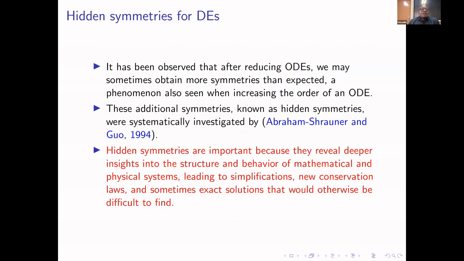Now, the hidden symmetry. It has been observed that after reducing an ODE, by reduction of an ODE I mean that you're decreasing the order, and reducing a PDE means you are decreasing the number of independent or dependent variables. When you reduce a PDE, you can get an ODE, because the more you reduce your independent variables, the more you can get an ODE.